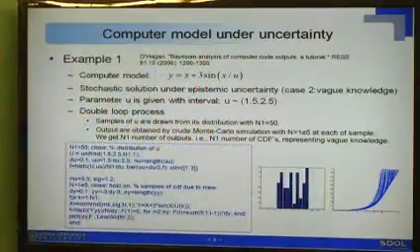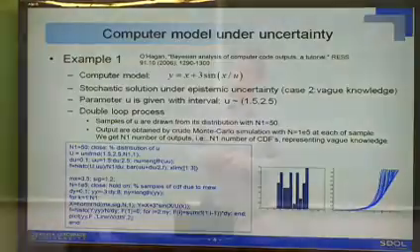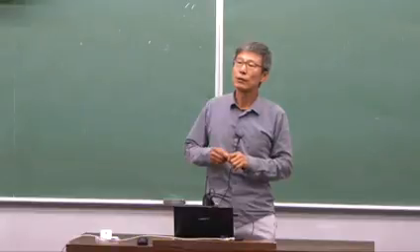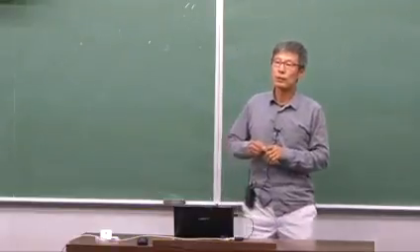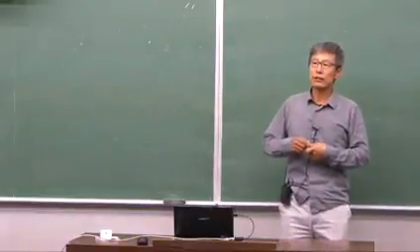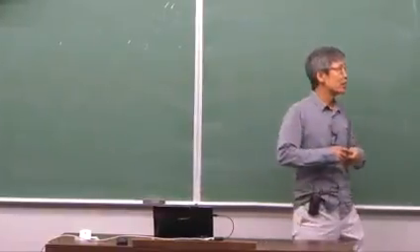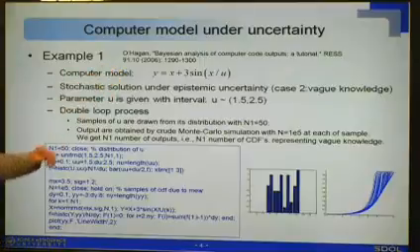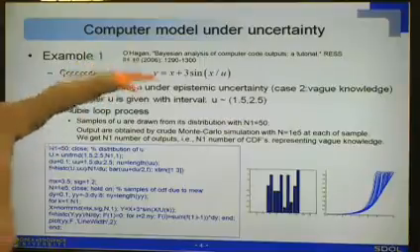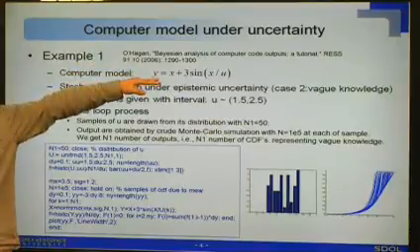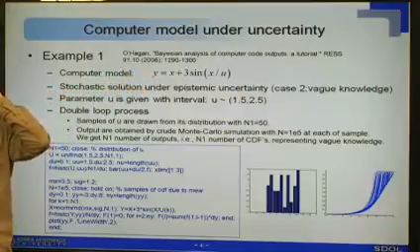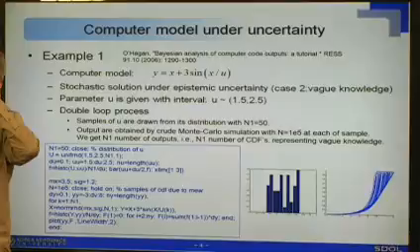Yes? Why do you use a double loop simulation instead of one sample of epistemic uncertainty and then one sample of aleatory uncertainty? Yes. Your question is why didn't you apply both probability information to the function at the same time? Very difficult question, but I can answer.